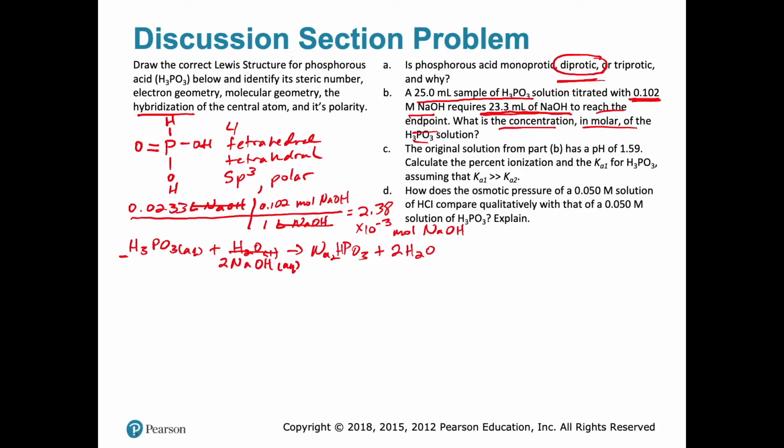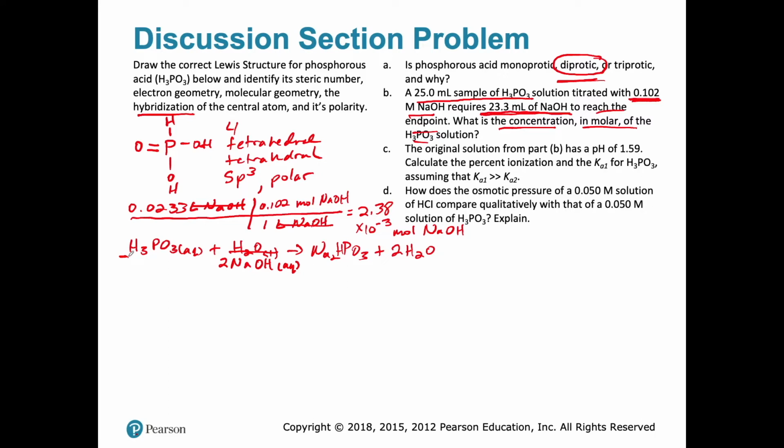Okay, so we can see in our completely balanced equation, now that I've corrected it twice, because I wrote it down in the wrong order, that the corrected balanced equation is phosphorus acid plus 2 sodium hydroxides make you the sodium phosphite and the 2 waters. Okay?